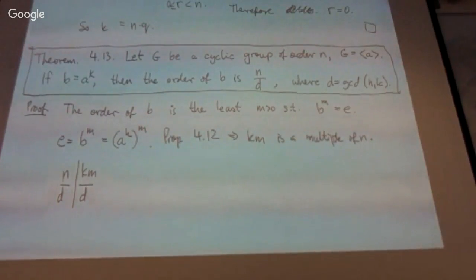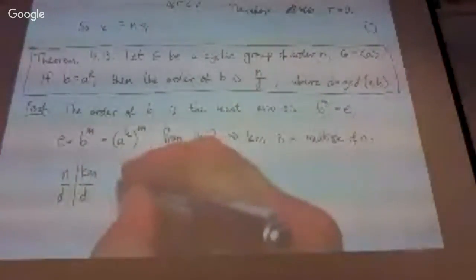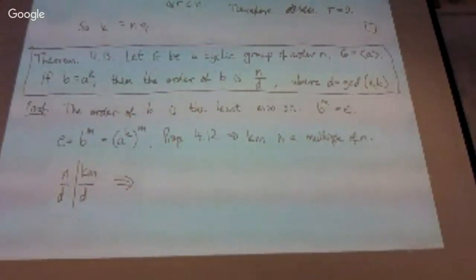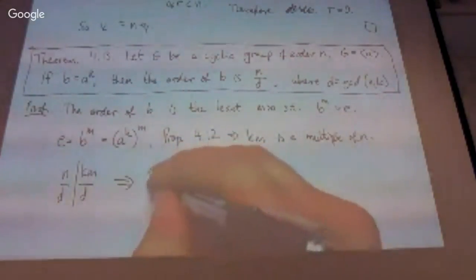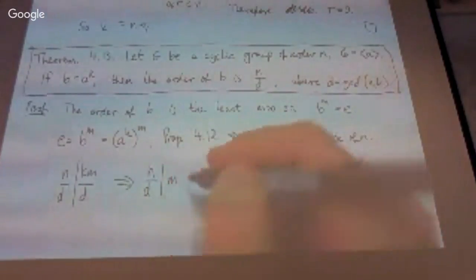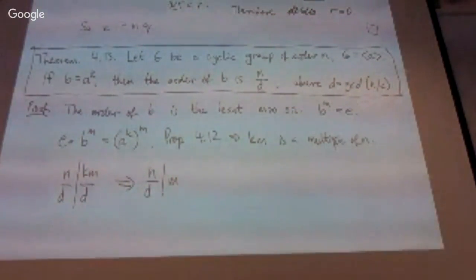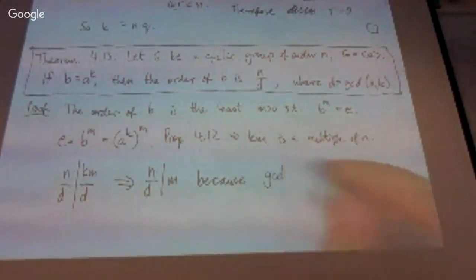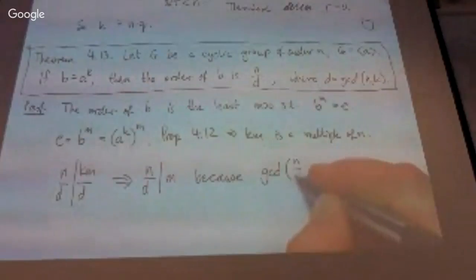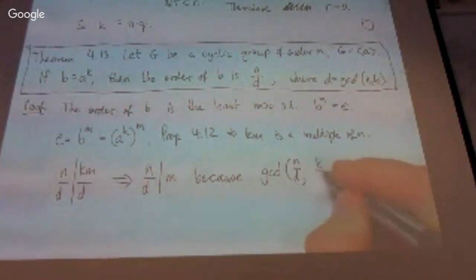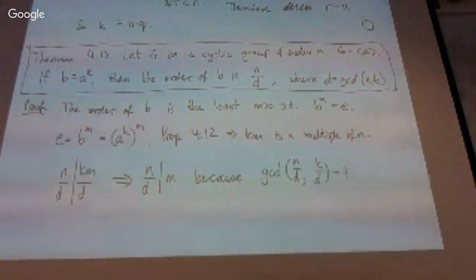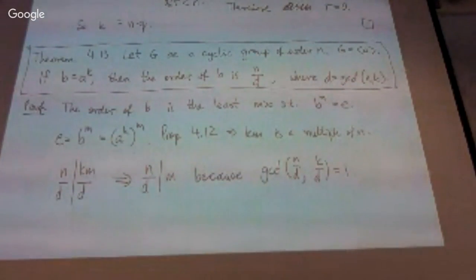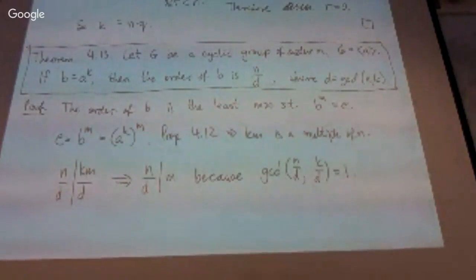What is not true for any numbers is that this implies that n over d divides m. But this is only true because the GCD of n over d and k over d is 1, and that is because d is the GCD of n and k.